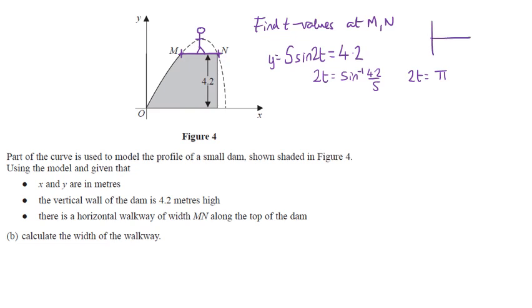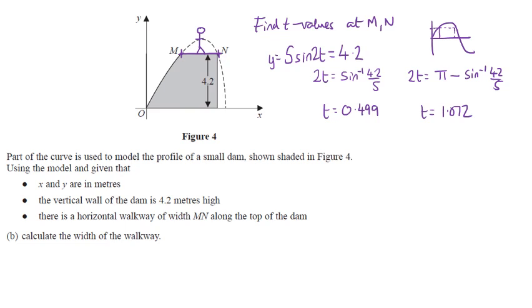So remember, if we find one solution, we've also got this one as well. So pi minus that. So if we divide by 2, we find two values of t, so we get 0.499 from the first one and 1.072 for the second one.